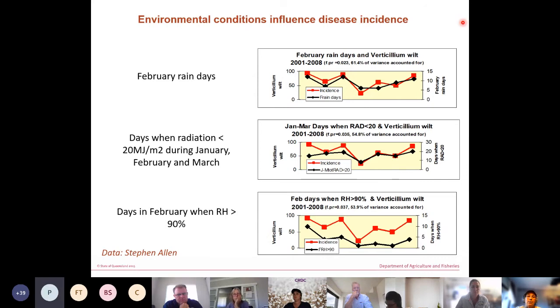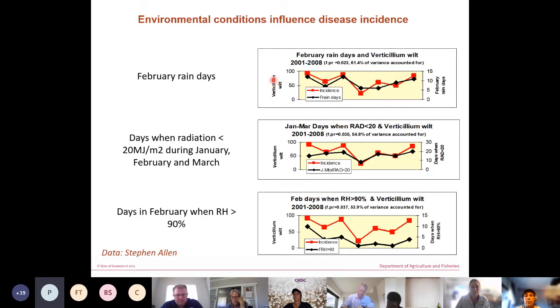Here is some data from Stephen Allen, and it just clearly shows you how the environment influences disease incidence. So here is the incidence from 0 to 100, and then we have the rainy days, radiation less than 20, and this graph shows you relative humidity above 90.